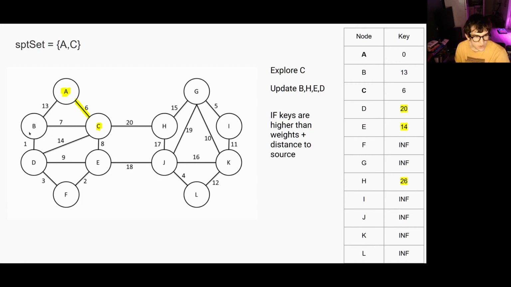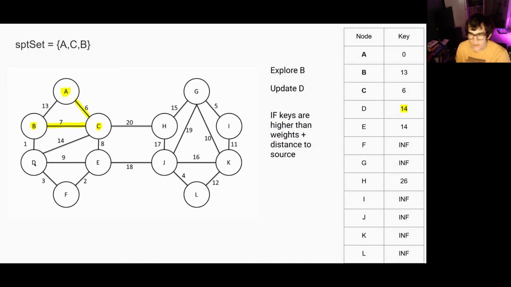And then the only neighbor we would then need to explore is D. Sorry, it'd be the distance to B plus the weight of the edge. So the distance of B is 13 plus the weight of the edge would be 14.